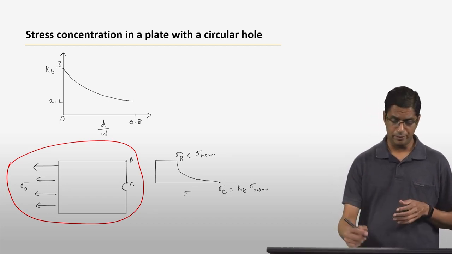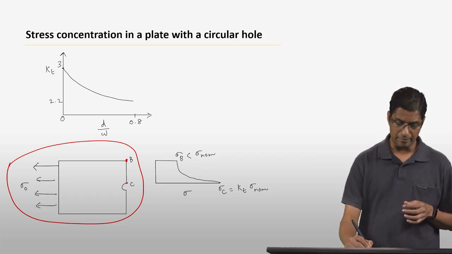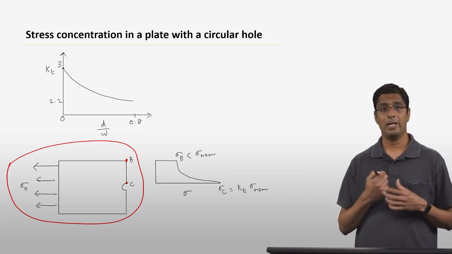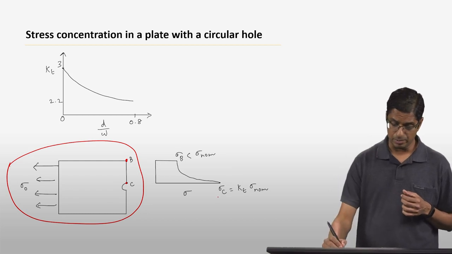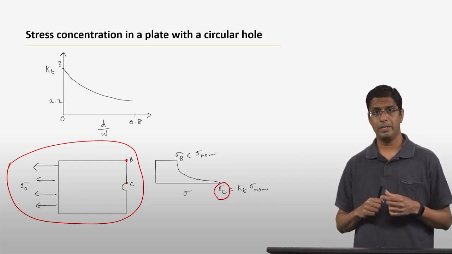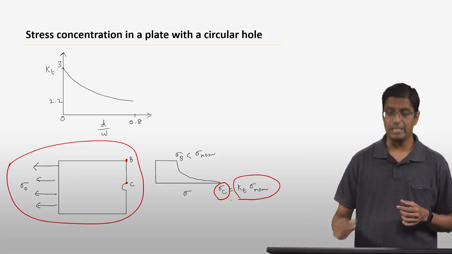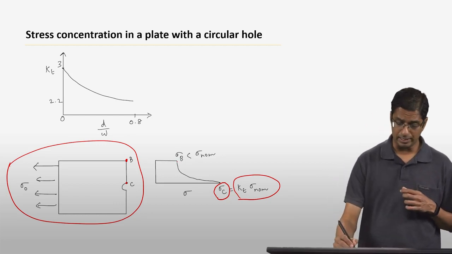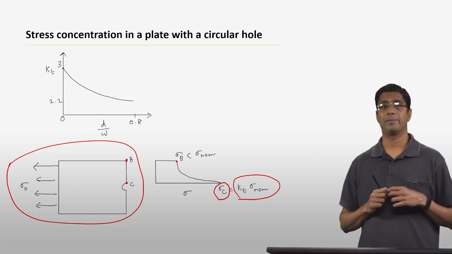Now if you look at this point B, which is at the edge, and this point C, which is basically at the edge of the hole at the middle of the plate, then the stress at this point C is going to be maximum, just sigma C, and that is going to be the stress concentration factor Kt times the nominal stress. On the other hand, the stress at this point B is going to be less than sigma nominal.